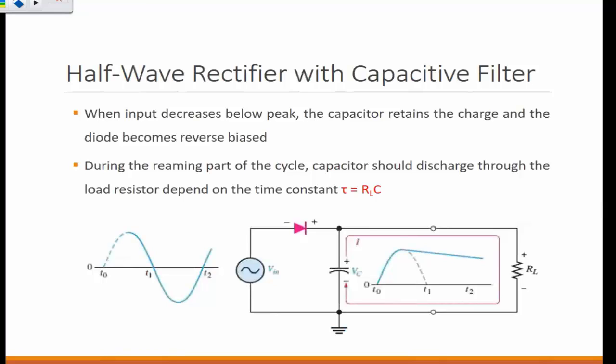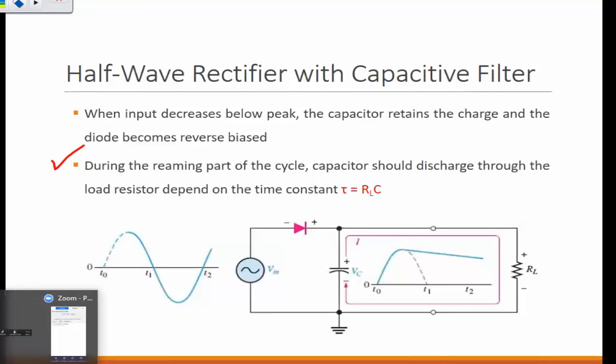So during the remaining portion of the cycle, the capacitor should discharge through the load resistor depending upon the RC time constant. Again, usually you require a very big capacitor. Today in the lab, you will see this too. Having a smaller capacitor versus a bigger capacitor. What you are expecting is what you will get out of it if you have a bigger cap.